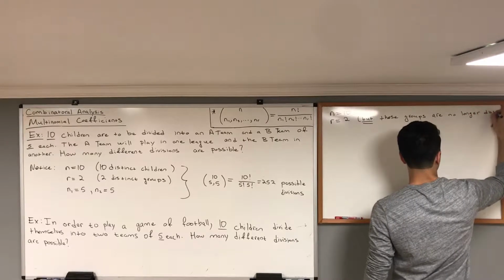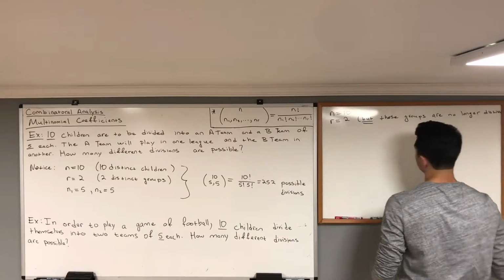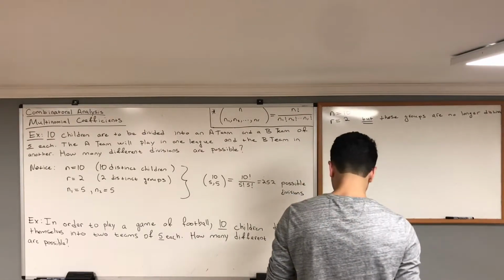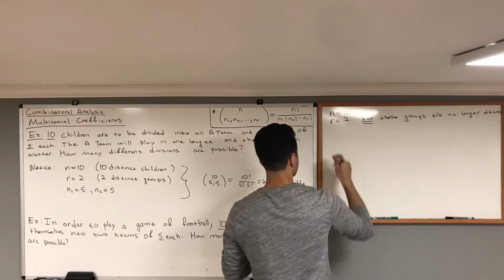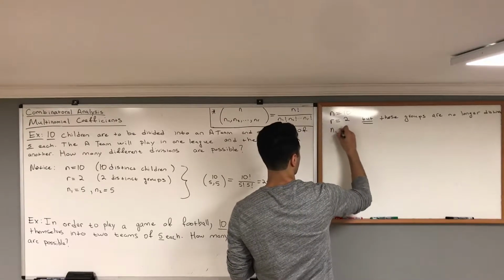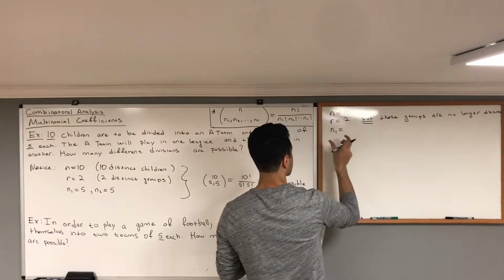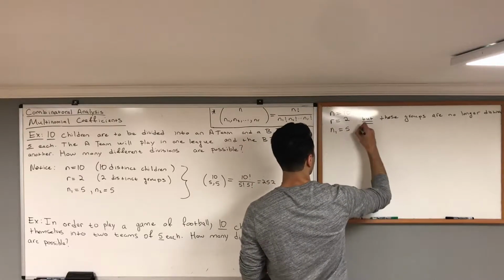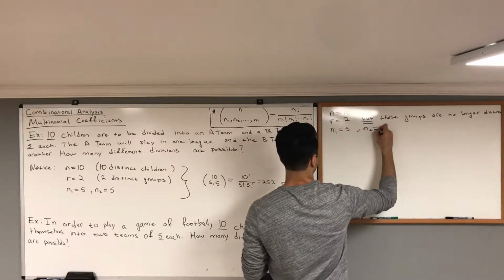So we'll come back to this. And we still have 5 items in each group, right? So n1 equals 5 and n2 still equals 5.